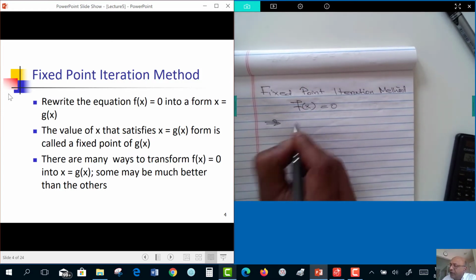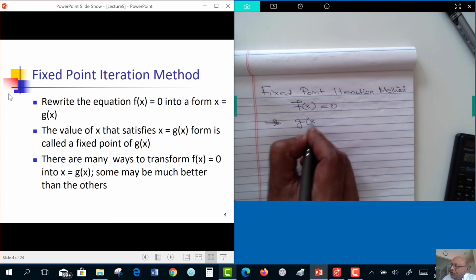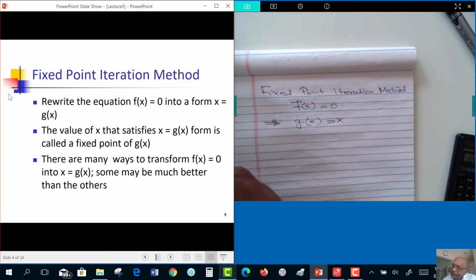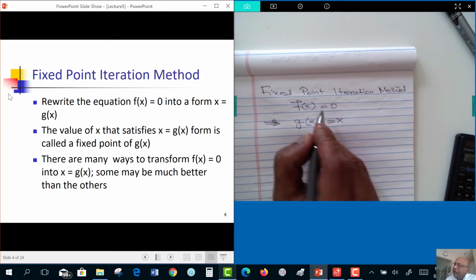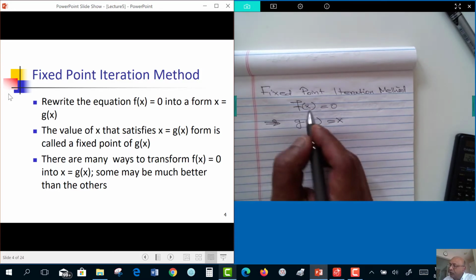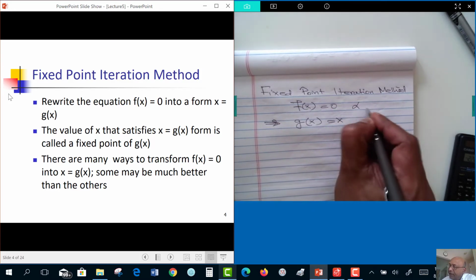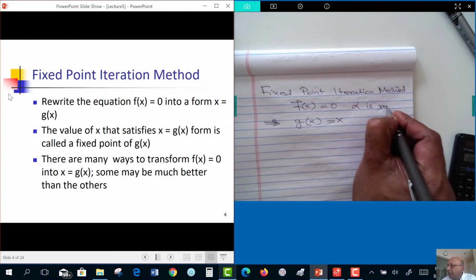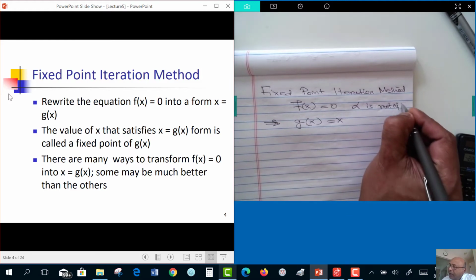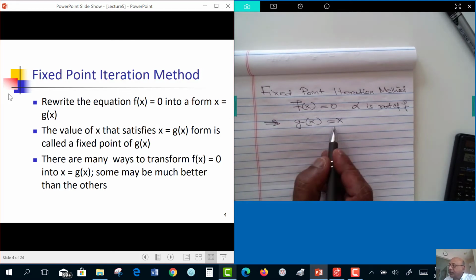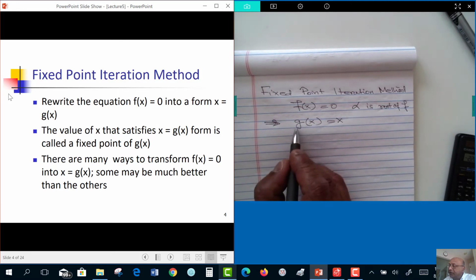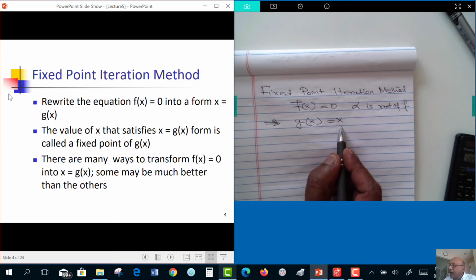We transform it to the form g(x) is equal to x. So if this equation has a solution, meaning if f has a root, so if alpha is root of f, then this alpha will also satisfy this equation. That means g(alpha) would be equal to alpha.